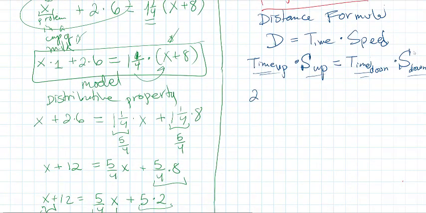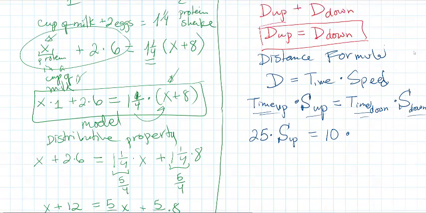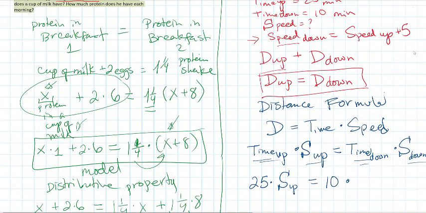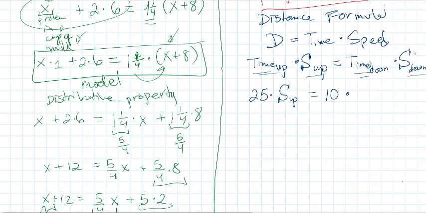So we have 25 times the speed up equals 10 times the speed down. But what is the speed down? We know that the speed down is exactly the speed up plus 5. So let's write that. We'll write it as speed up plus 5.